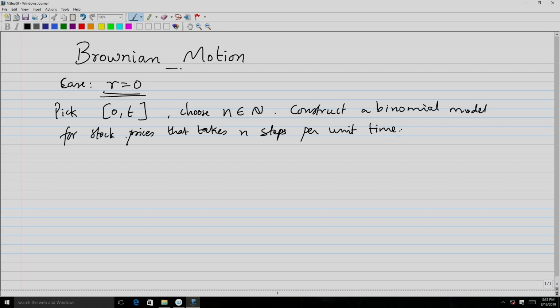Recall the binomial model, we said time 0, time 1, time 2. Now what we are going to do is that between 0 and 1 we are going to have n time points, and each of these would now become the new time points, as if you look at the original binomial model.